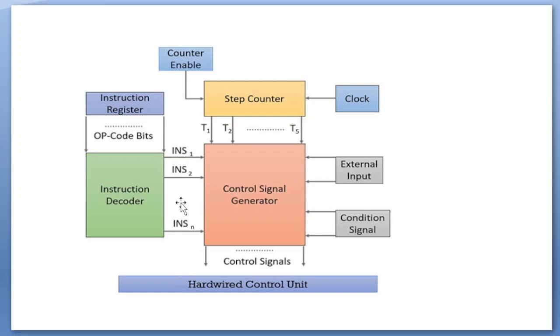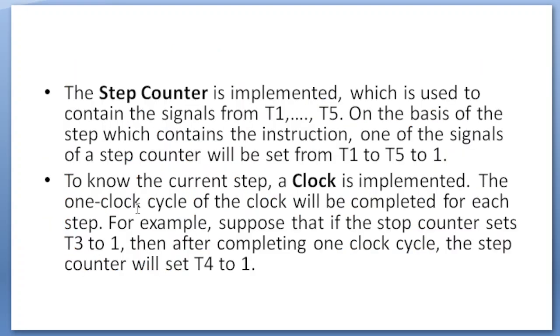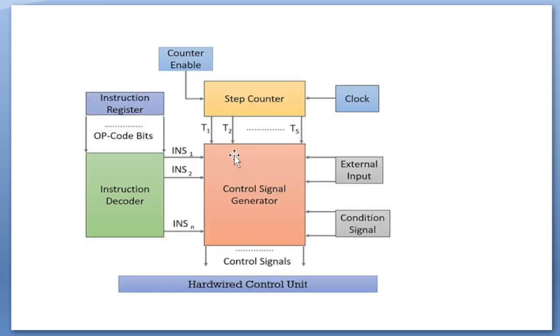Each instruction is set to 1. If you want to execute the first instruction, that will be set to 1. Then instruction 2 up to instruction n will be set to 1 one by one, not all together. That is what is mentioned here. Next, the step counter. Here you can see a step counter.